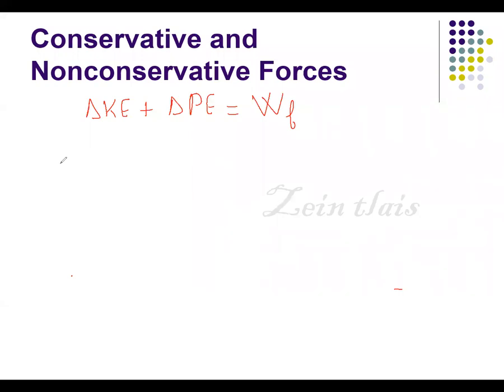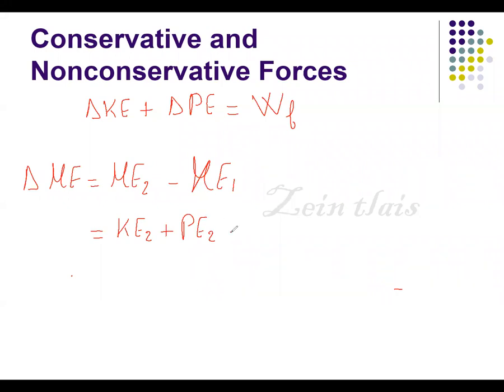You know, in general, delta mechanical energy equals the mechanical energy 2 minus mechanical energy 1. The mechanical energy 2 equals the kinetic energy 2 plus potential energy 2. Mechanical energy 1 equals the kinetic energy 1 plus potential energy 1.